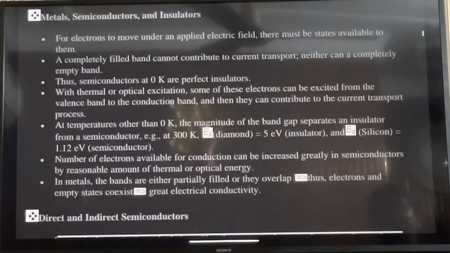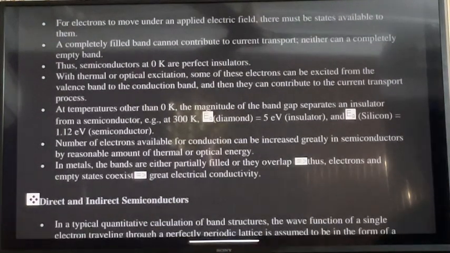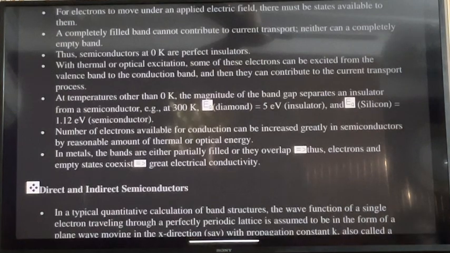Now, for electrons to move under an applied electric field, there must be states available to them. A completely filled band cannot contribute to transport, neither can a completely empty band. So at 0 Kelvin, these semiconductors which we have talked about are perfect insulators, because all of the electrons are in the valence band and the conduction band is empty.